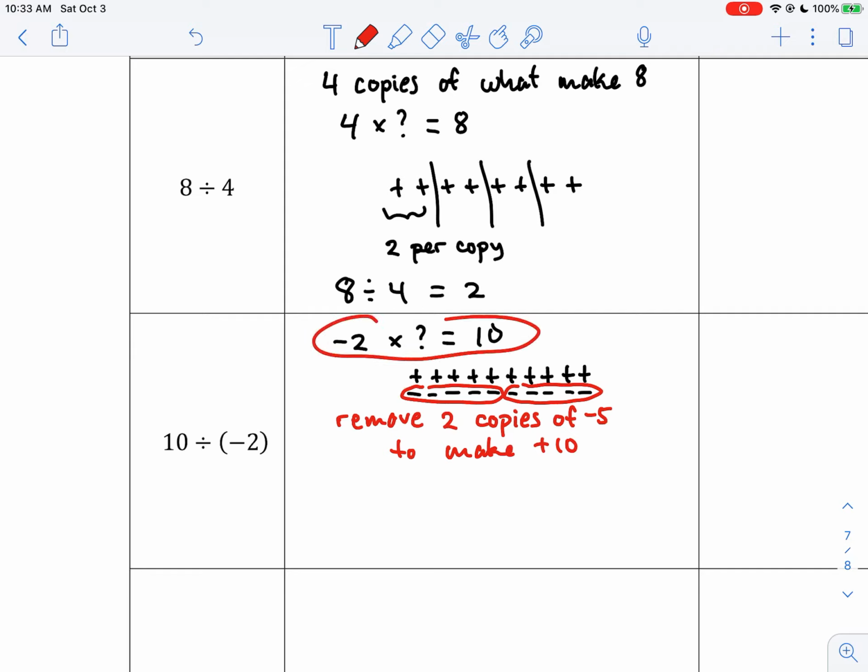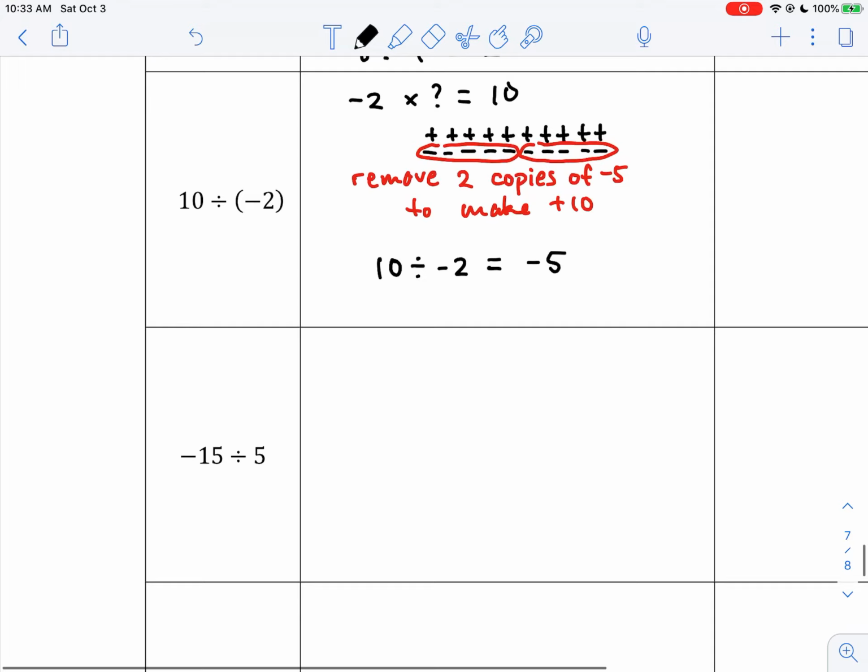That's what we're trying to find here. Remove 2 copies of what to make positive 10? We'll remove those 2 copies of negative 5. So the answer to this question is negative 5, which justifies the fact that 10 divided by negative 2, using a partitive meaning, should give you negative 5. Remove 2 copies of negative 5 to get positive 10.